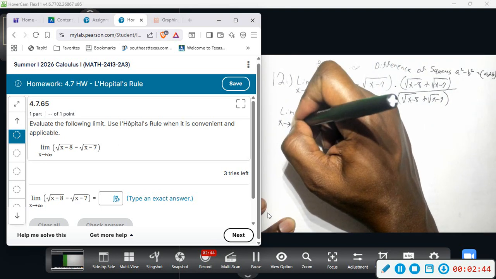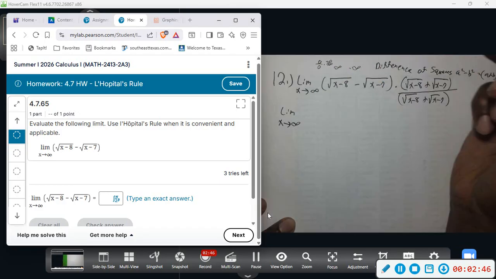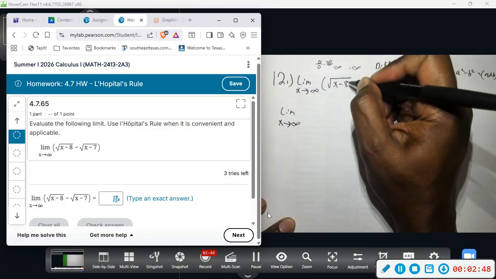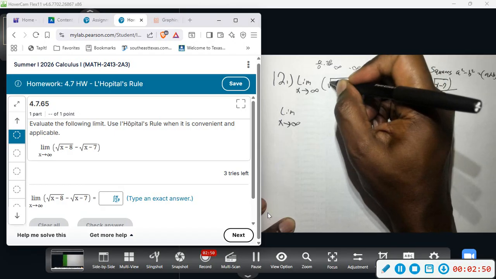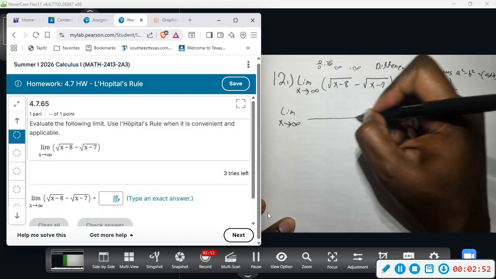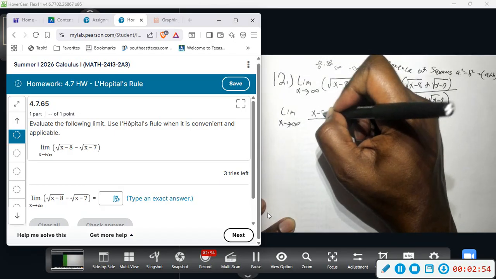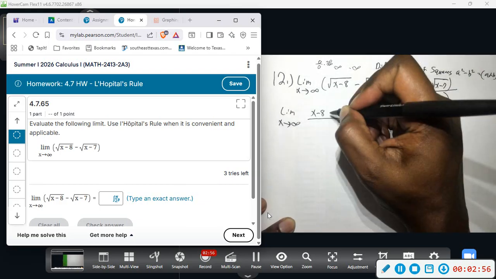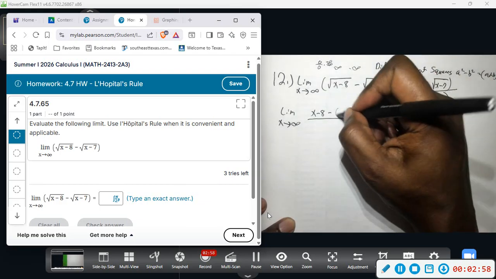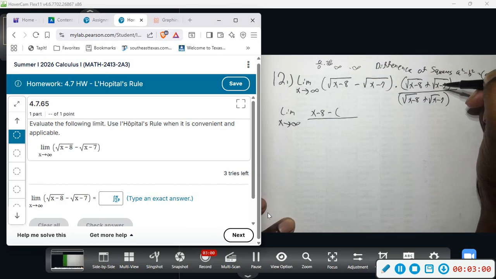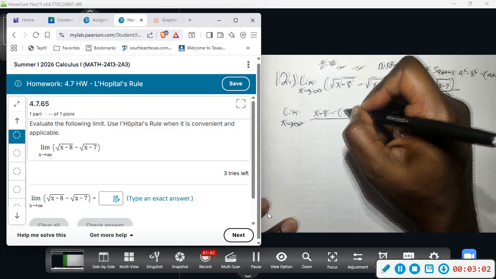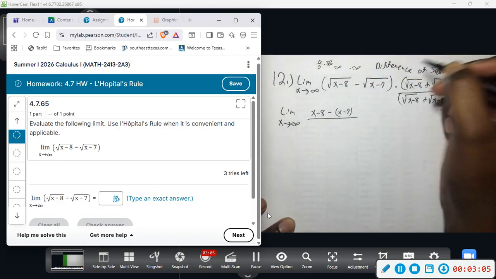We'll get both of these squared on the top. Limit as x goes to infinity, and then we'll have x minus 8. When you square the square root, it gets rid of it. So we'll have x minus 8, minus in the middle, and then we'll have x minus 7, because that's going to get squared as well.